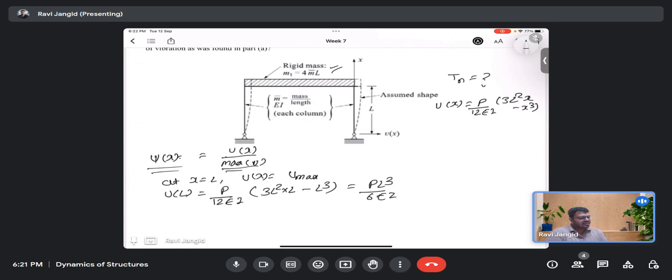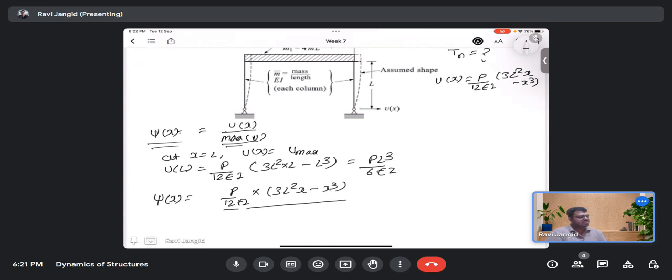Okay, so I can calculate my shape function as psi(x) equal to P over 12EI into (3L²x − x³), divided by PL³ over 6EI.